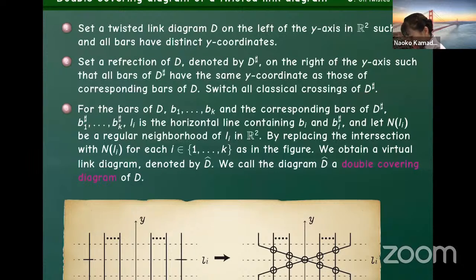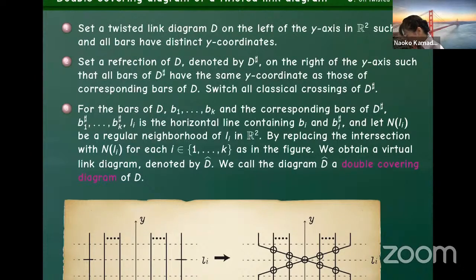For the bars B1, ..., Bk of D and the corresponding bars B1 sharp, ..., Bk sharp of D sharp, let Li be a horizontal line containing Bi and Bi sharp, and let N(Li) be the regular neighborhood of Li in R2.